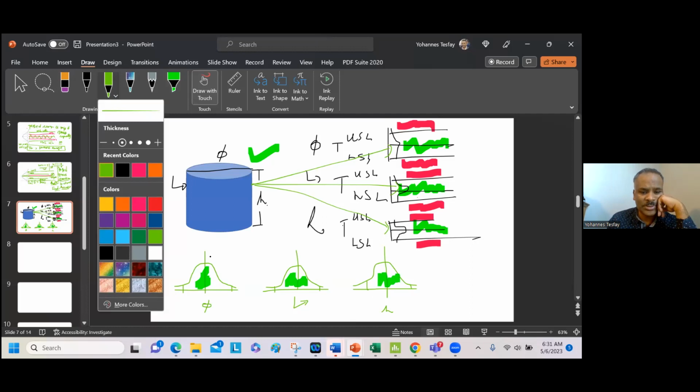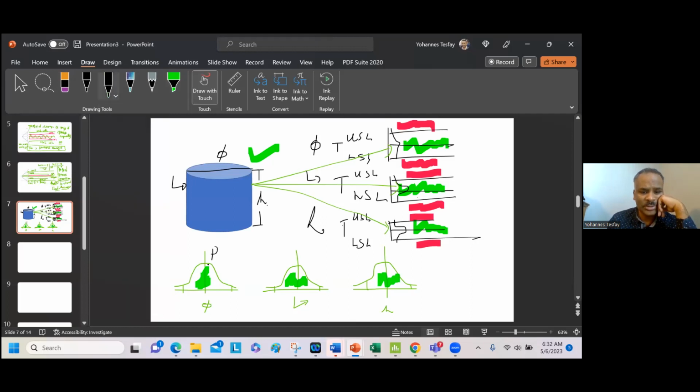What is this acceptance region? That is P, okay? P for phi, accepted. And this one is P for runout. And this one is P for height, isn't it?